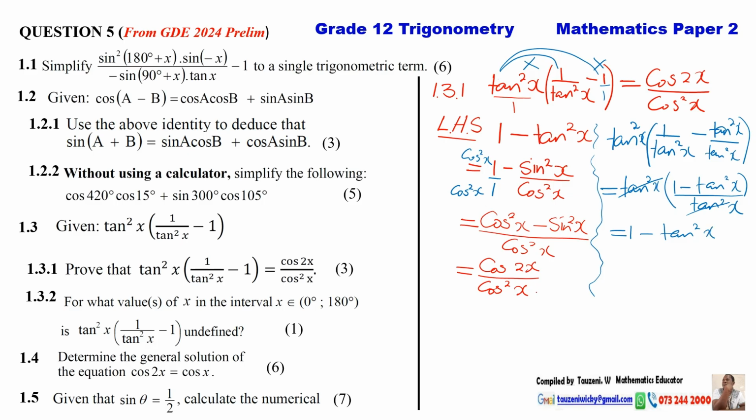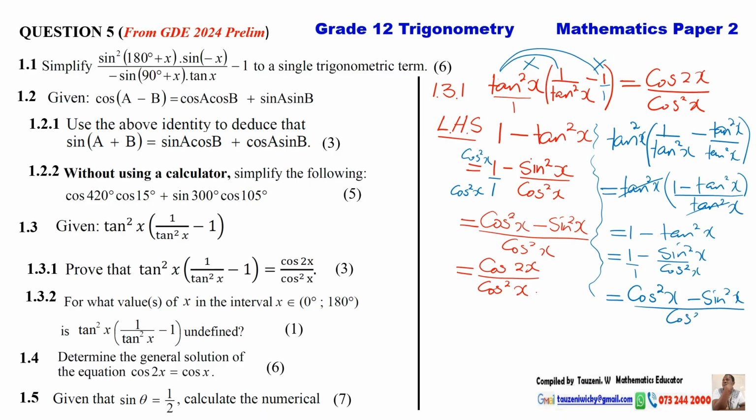Then we change the tan squared into sine squared x divided by cos squared x. Now, after doing that, we make the denominators the same by multiplying 1 over 1 by cos squared x. So it will give us exactly the same answer, cos squared x minus sine squared x divided by cos squared x.